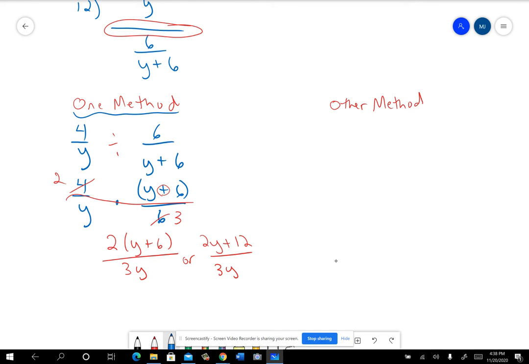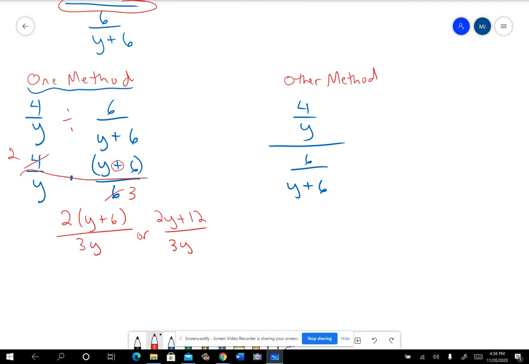Okay. You have 4 over y, remember, and then 6 over y plus 6. The other method takes advantage of the least common denominator, okay? So what you do is you look at the little fractions and you look at their denominators like we've been doing for the equations and when we were adding or subtracting, and you go ahead and you find the LCD, okay?